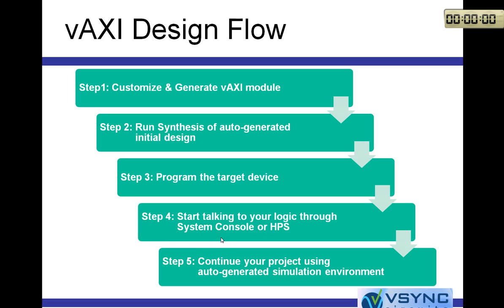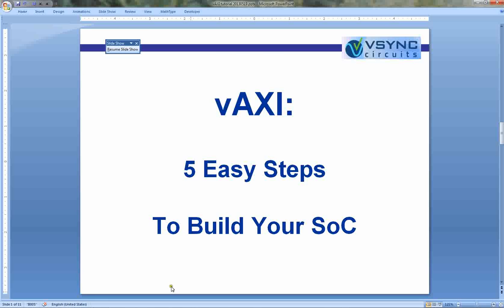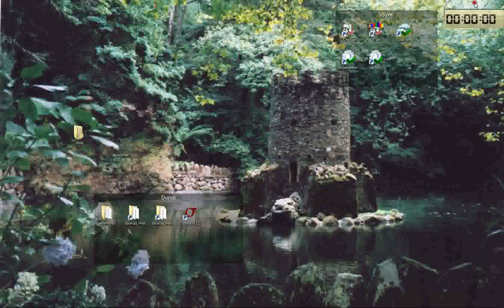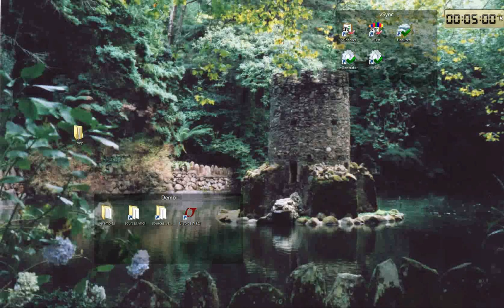Once everything is set, at step 5 we can continue and add to our project new user modules that could be connected also to the vAXI module. So let's do this. Let's take 5 minutes to do the entire process.